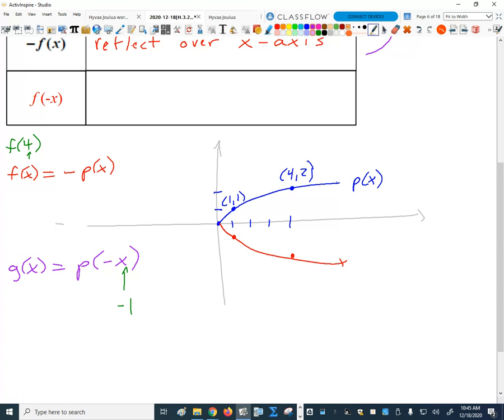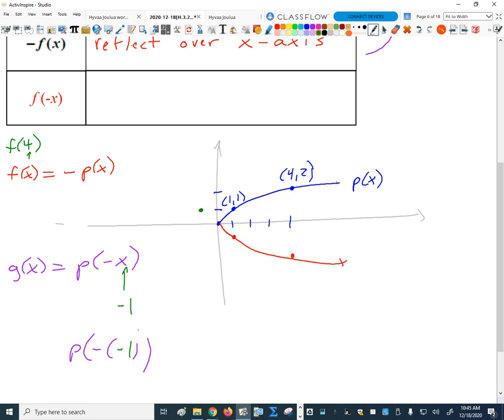Like, what if I plugged in a value of negative 1, right? Then look what's happening. My parent graph is processing negative negative 1, which is positive 1, right? Well, p of positive 1 is 1. So if I feed it a value of negative 1, I'm getting an output of 1. So look what it did. It put it over there.